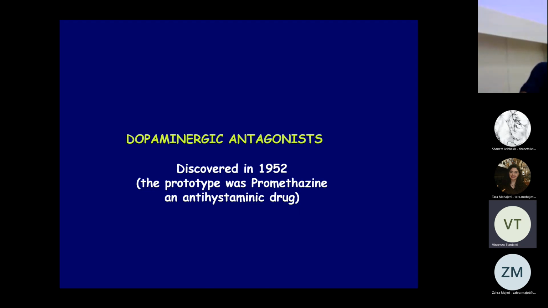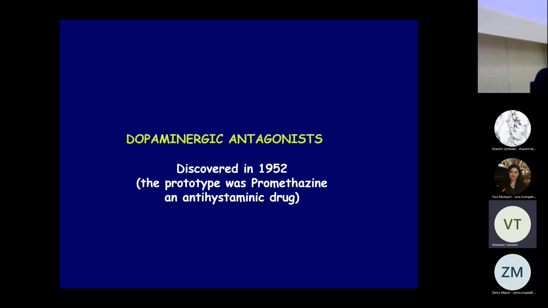And so the scientists tried at that time to amplify this side effect in order to have a strong sedation of the patient. This type of compounds is used against violent patients.